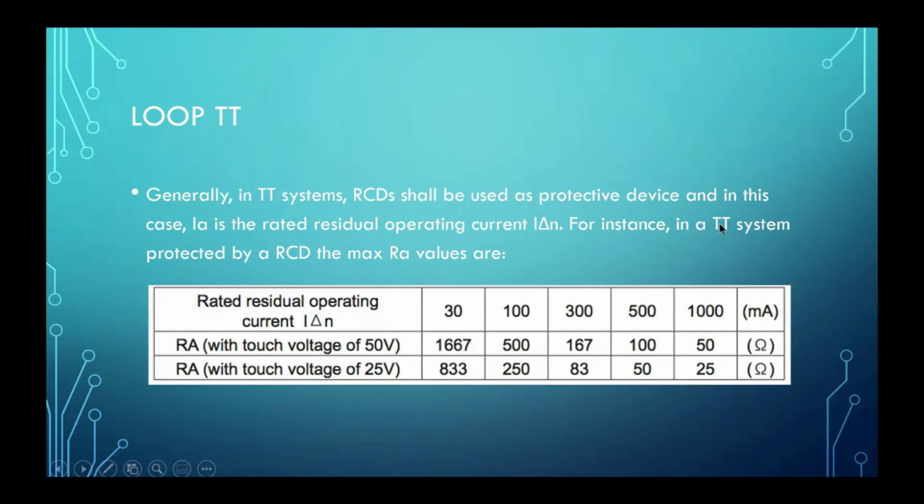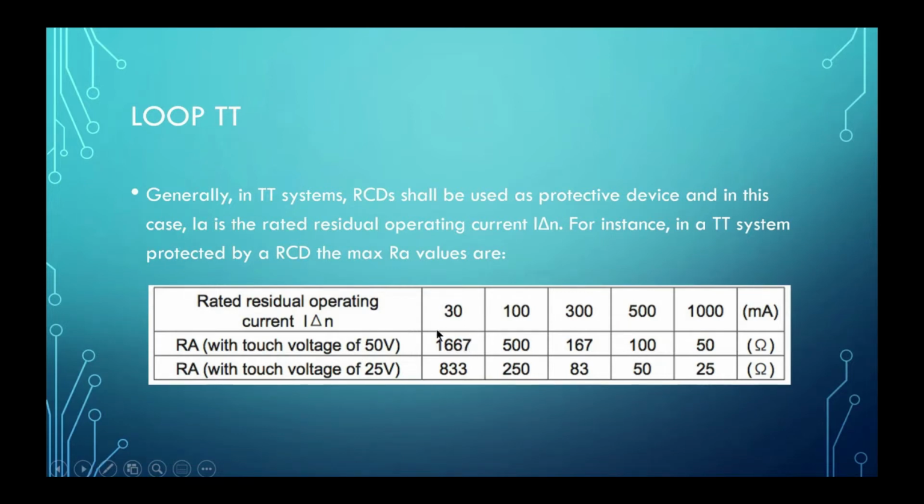For instance, in a TT system protected by an RCD, the maximum RA values are as in this table. For example, your RCD is 30 milliamp rated current. The safety touch voltage you set to 50 volt in general, as I explained just now.